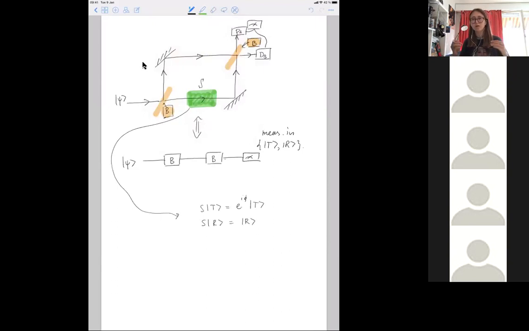So essentially what the phase shifter does is accumulate the difference in the phases between two legs of the interferometer. And again, as in the quantum circuit analogy, this phase shifter would just be in between these two beam splitters.